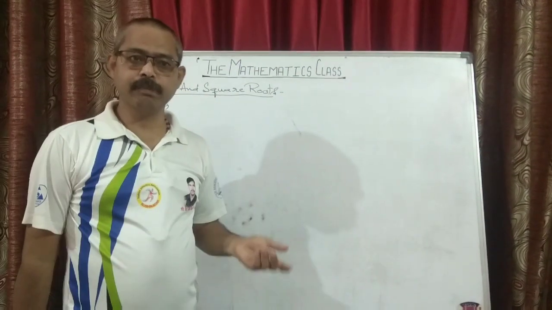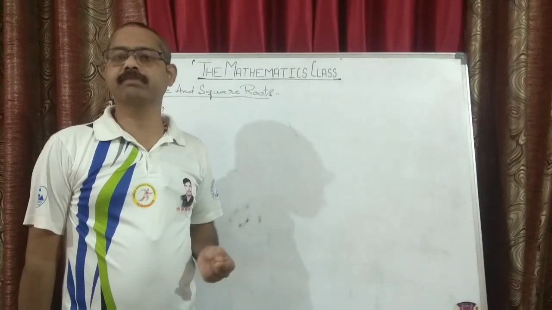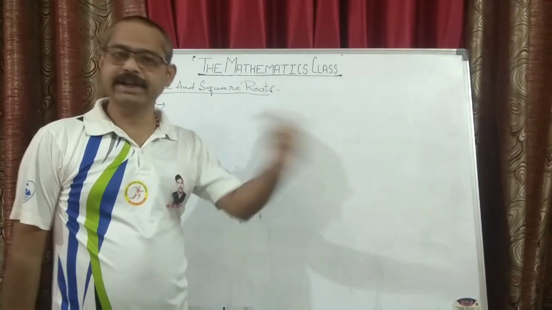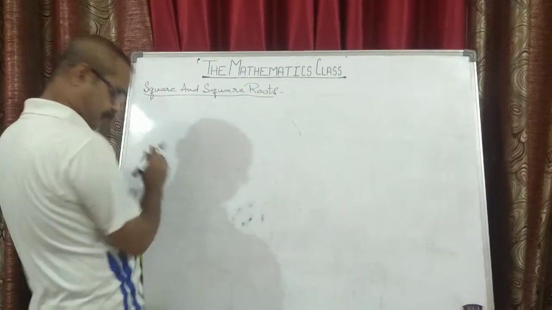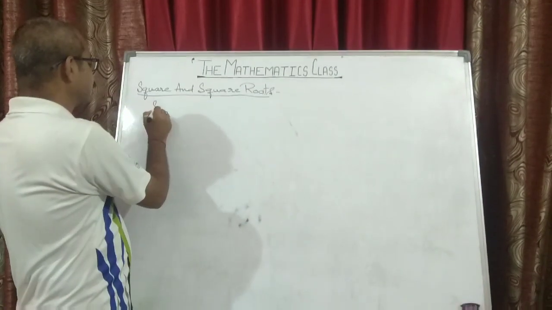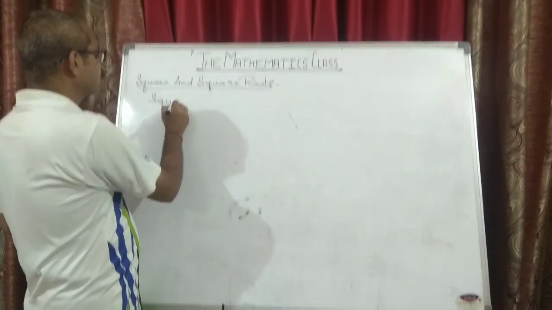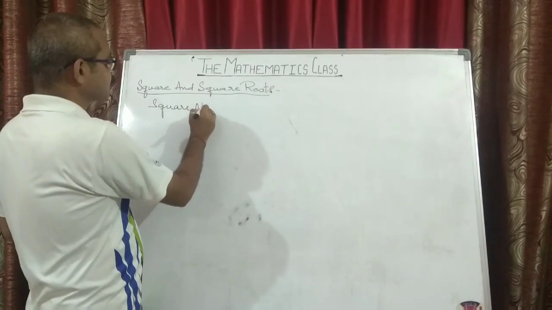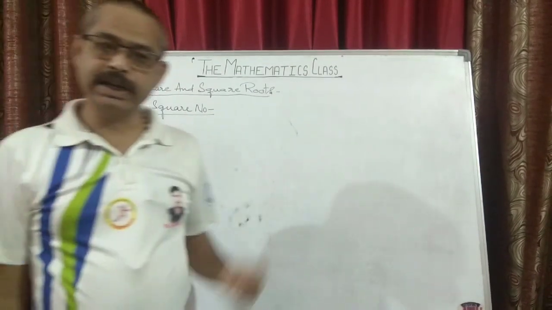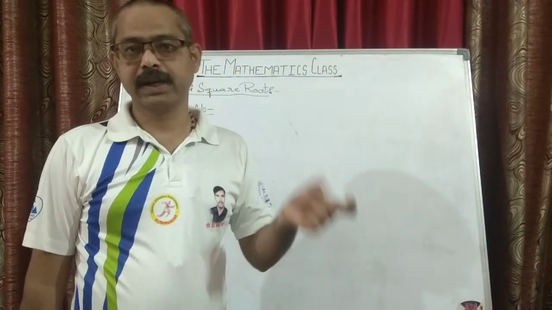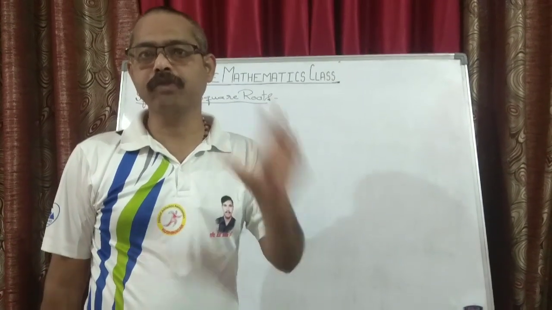A square number is a number which is multiplied by itself. Any number which is multiplied to itself gives a square of itself.